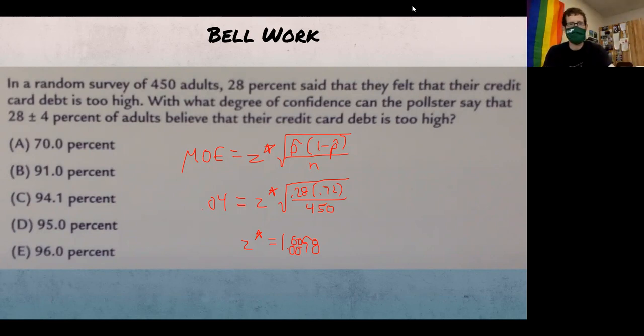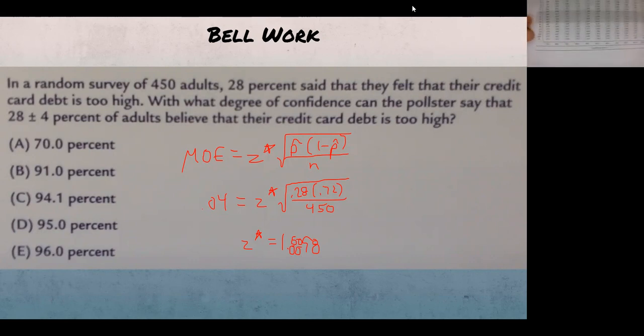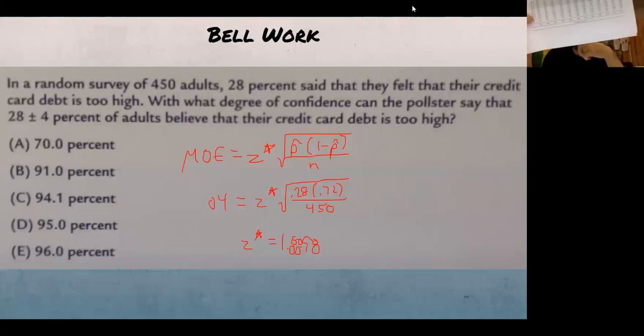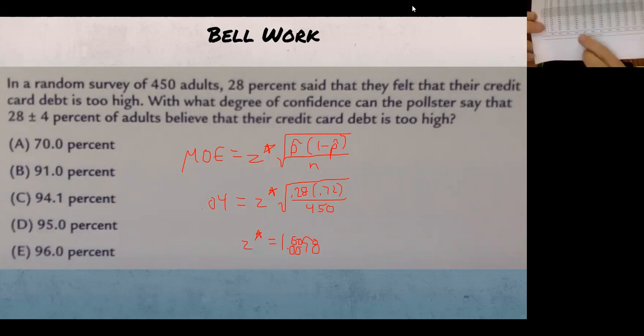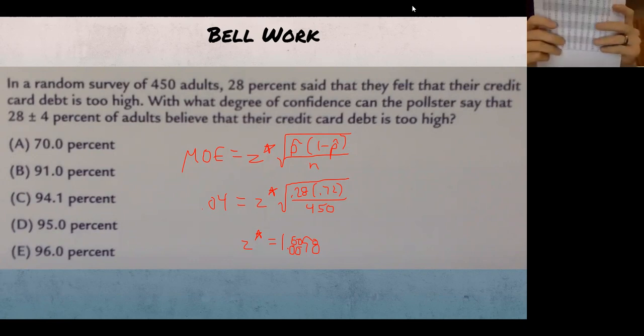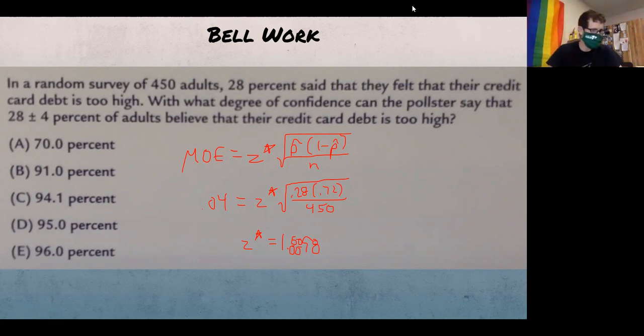The other one is very fast if we use our intuition. If I look over here on my Z table, or table B in your reference, you can look to see where 1.8898 is going to land, and you only look at the bottom row, and it lands somewhere between the 90% confidence level and the 95% confidence level.